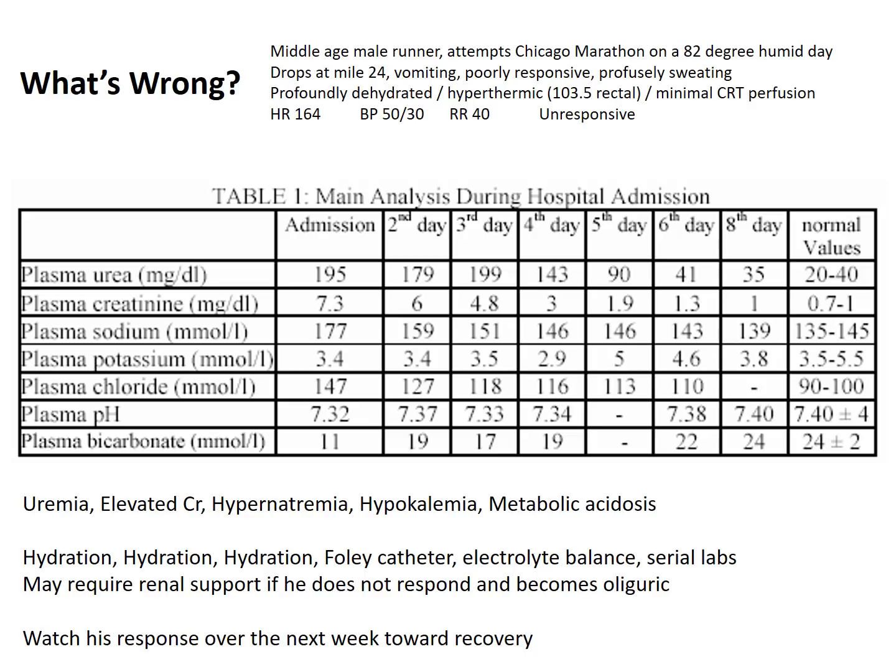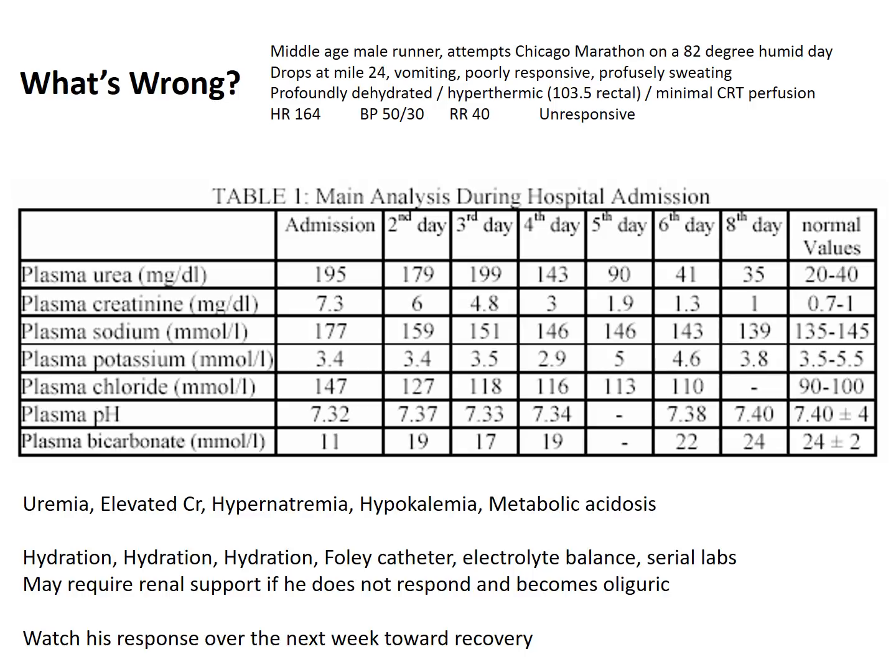So you should be able to see uremia, elevated creatinine, hypernatremia, hypokalemia, and metabolic acidosis on his arrival, right? See that elevated urea, BUN, and elevated creatinine? Now, what do you think? Do you think that his renal disease is pre, intrinsic, or post? It's probably pre due to hypovolemic shock.